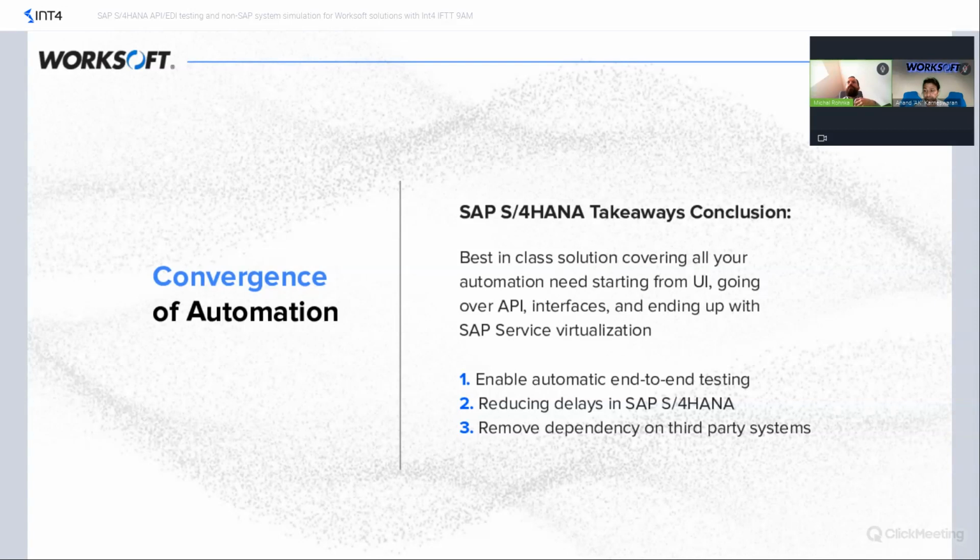Because you no longer have steps where you say, okay, how will we now start this process that is starting with an API. You can run it smoothly using IFTT. IFTT will provide you all the feedback that you need to continue your process.